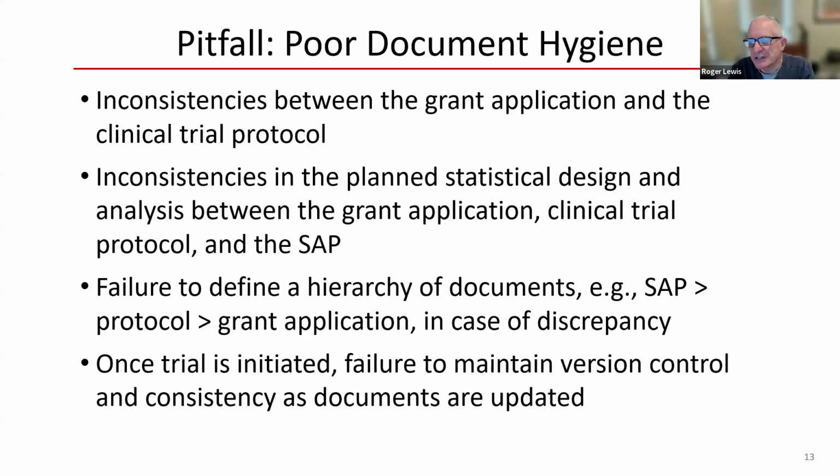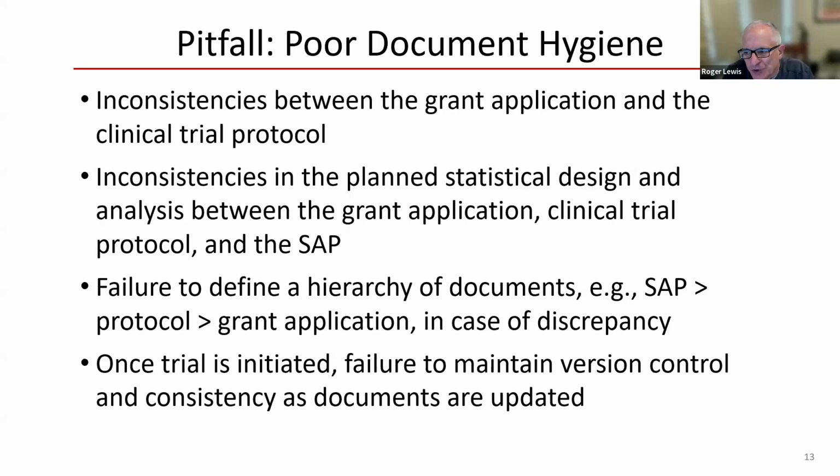You want to make sure there are no inconsistencies in the statistical design and analysis between three documents, all of which will describe it to differing levels of detail. The grant application with the least detail, the clinical trial protocol with medium detail, and the SAP with the greatest level of detail. Now, inevitably, there are little things that are different.